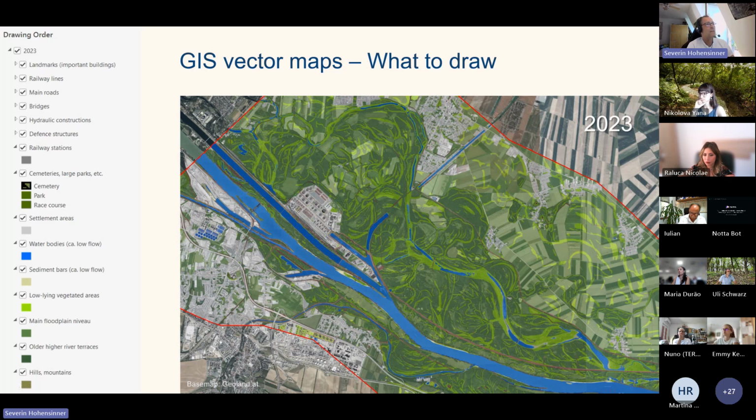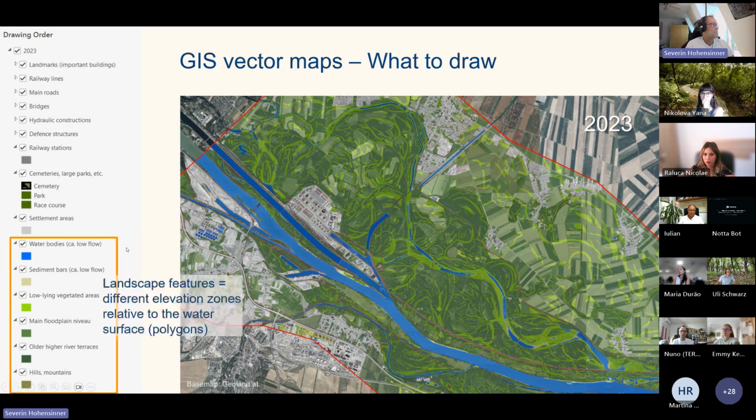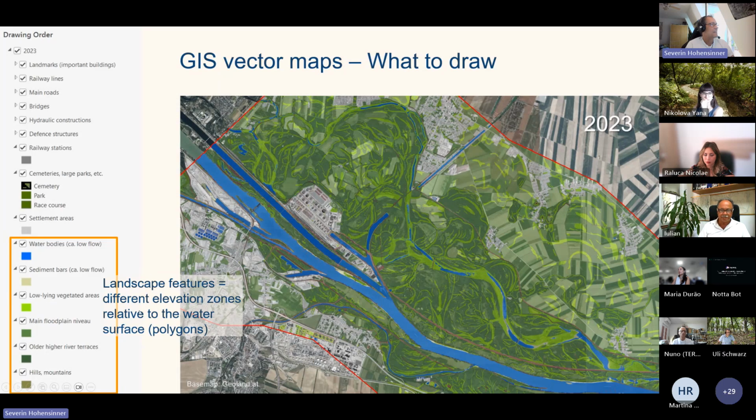When compiling such vector maps, it's important to know what we shall draw at all. You see on the left side our typical GIS layers for such projects. It's quite a lot, but most important are the landscape features that refer to different elevation zones of the landscape relative to the water surface, which means water bodies, the blue here, are the deepest landscape feature.